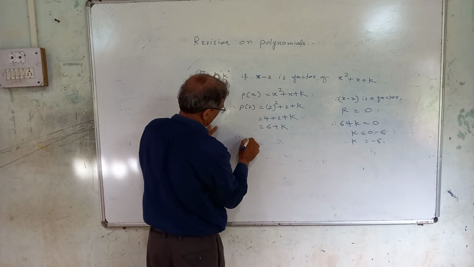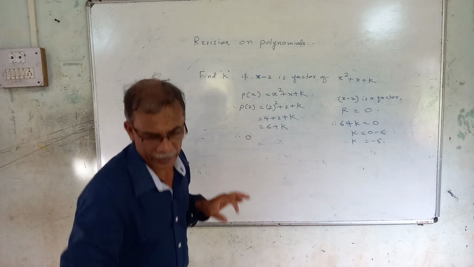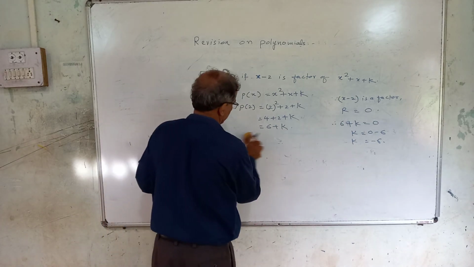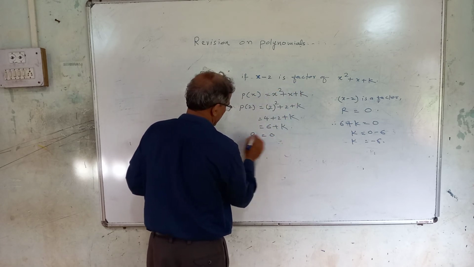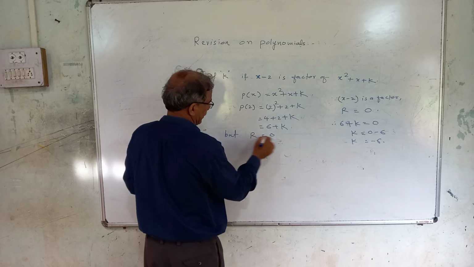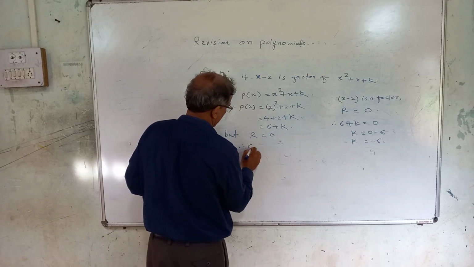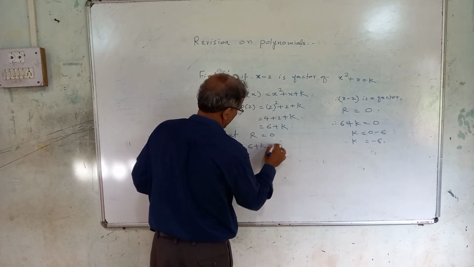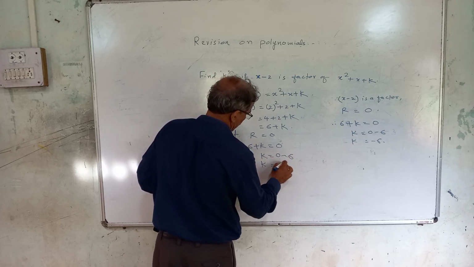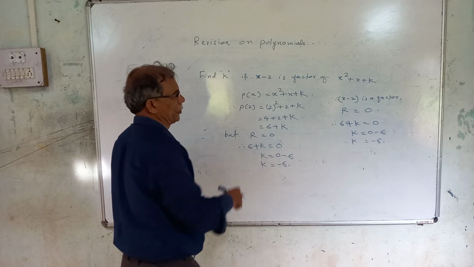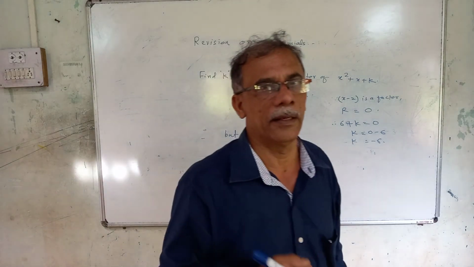Therefore you can take directly 0. It is a factor means r is equal to 0 is given, and therefore 6 plus k is equal to 0, k is equal to 0 minus 6, or k is equal to minus 6. So in this way also you can write. Yes, I had shown you earlier. Okay.